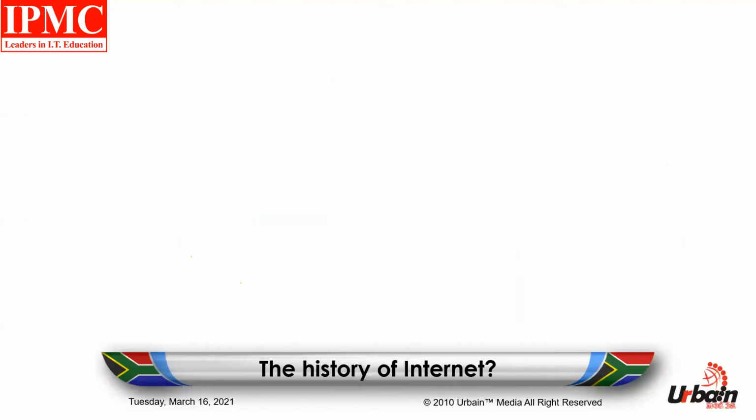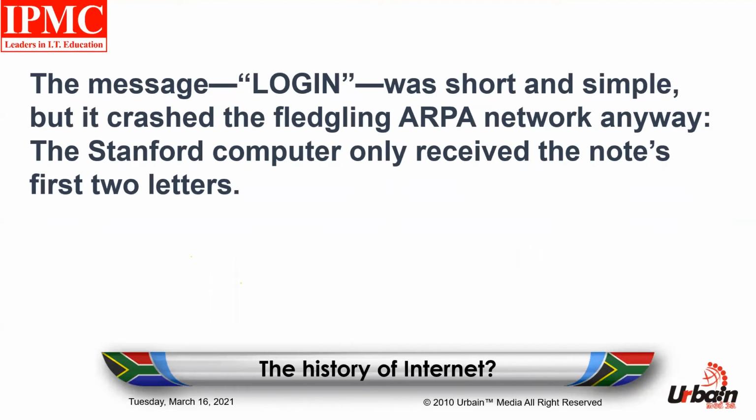And you'll be surprised that the first message they sent to each other when they logged in was just a word like login. But at the end of the day, not everything got through, because they were doing some research. So in a nutshell, the US government were the people who started to use something that we call ARPANET. And before everybody came that way, now we call it the internet.